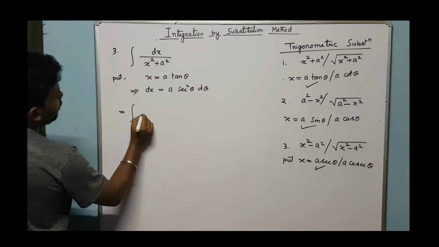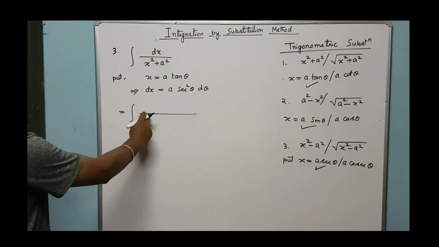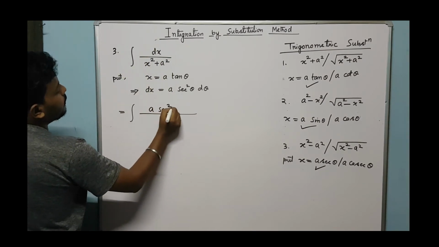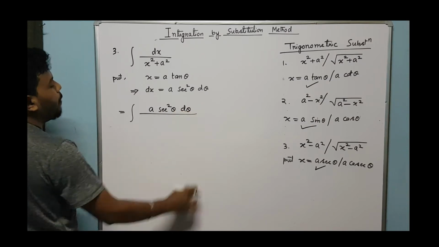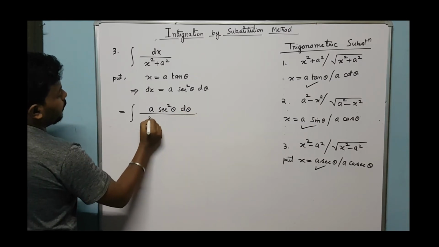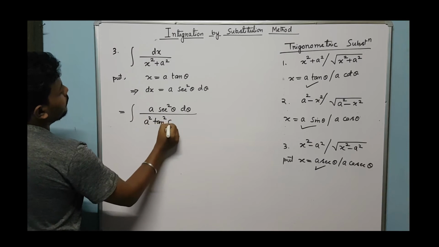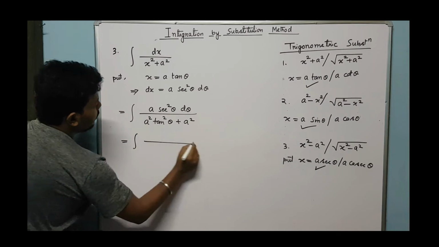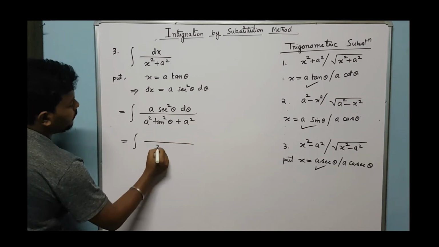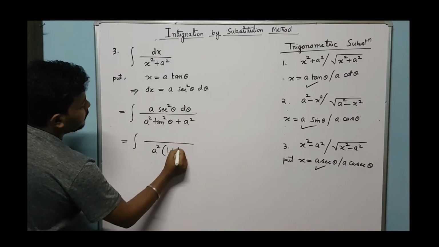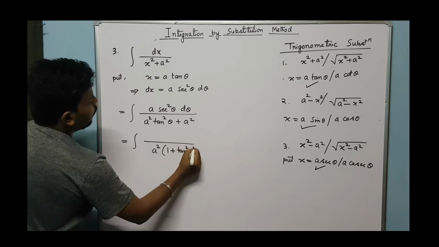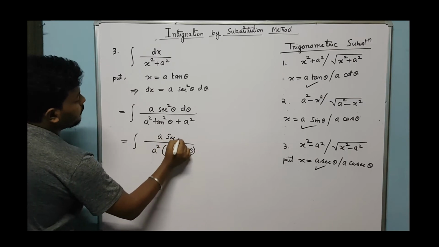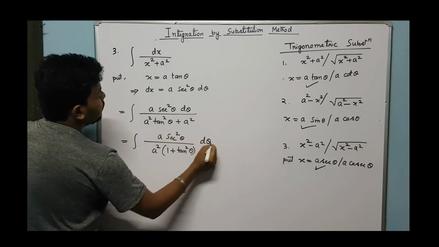Now you place the values of dx and x in the integral, we will get a sec square theta d theta by a square tan square theta plus a square. If you take a square common in the denominator, it is 1 plus tan square theta, and in the numerator a sec square theta d theta.